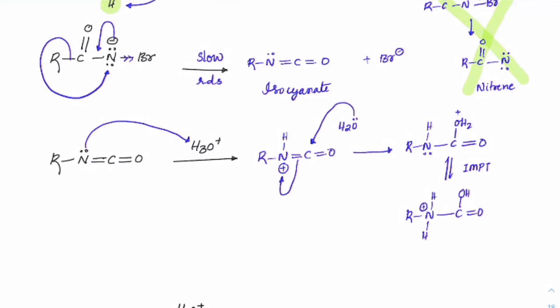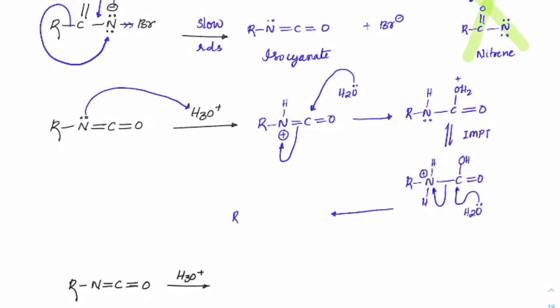Again H2O will attack on carbon, so that this bond will break and nitrogen will get that bond, and we'll get RNH2 plus two OH groups on carbon, which will turn out to be C double bond O, that is carbon dioxide.